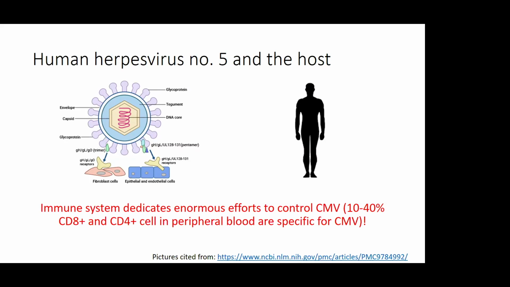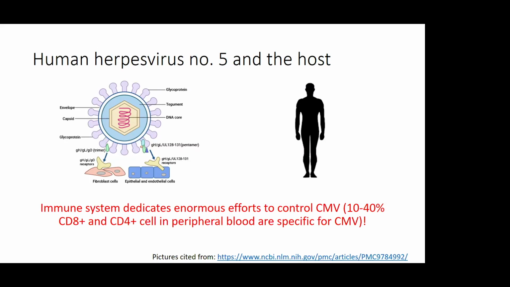Seroprevalence is very high, but differs from one place to another with age and with socioeconomic status. The primary infection is like an infectious mononucleosis-like illness, and the virus reservoir in the body is the CD34 positive and CD14 positive cells and the monocytes, and it also targets the epithelial cells and endothelial cells, so it's everywhere.